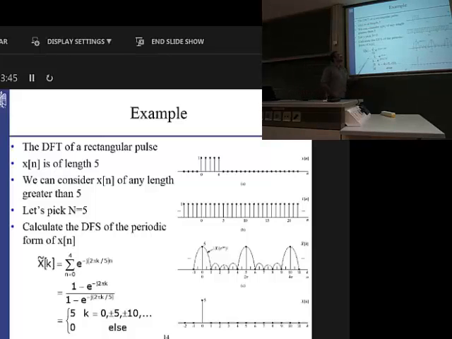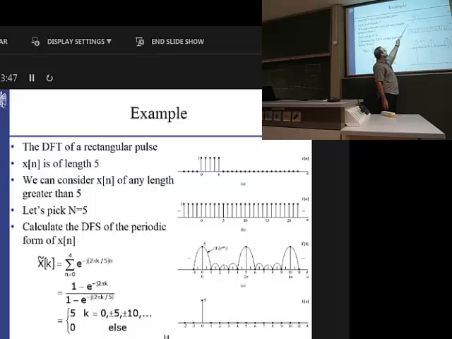So the signal which was in time domain as x of n, in the frequency domain based on DFT is represented like this, just with one sample. If N is equal to 5, that's the only value which is valid.